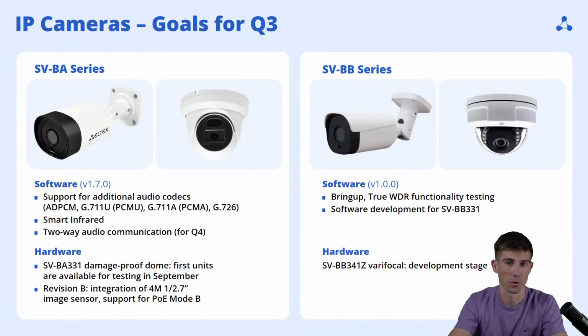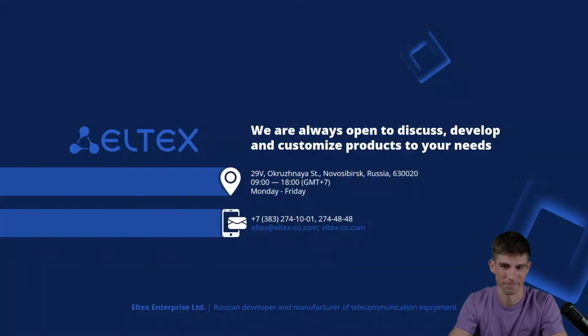Again, it's very early stages of development. So we'll keep you updated on this, and this is pretty much it to do with video surveillance, and I'm fine to go to the Q&A section.